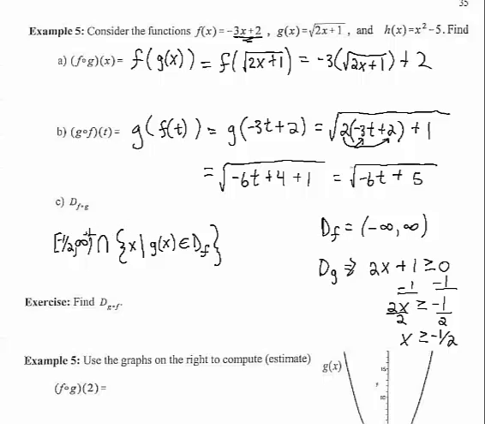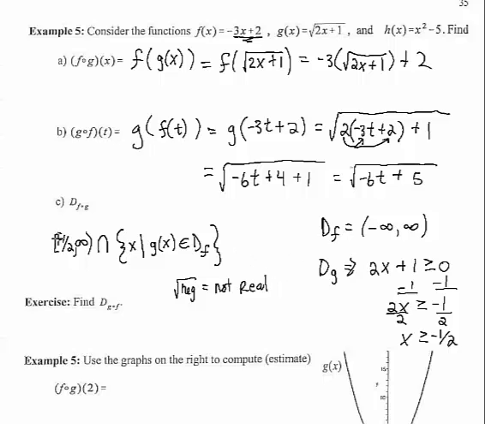Now, the way this domain was set up is so that g of x would be a real number. This domain was based off of the fact that we want the radicand 2x plus 1 to be positive. If it's negative, then we get the square root of a negative number, which is not real.